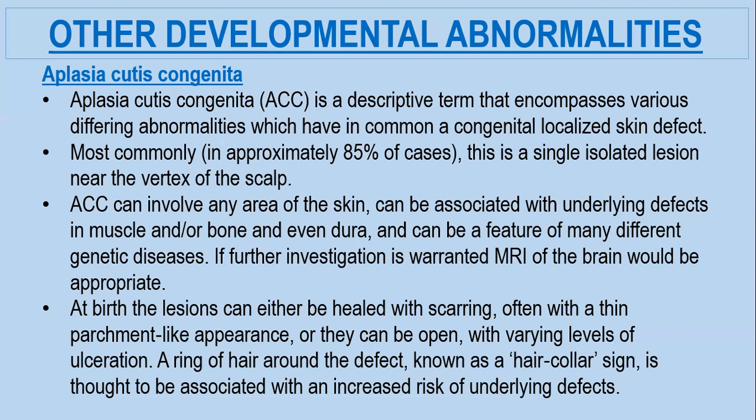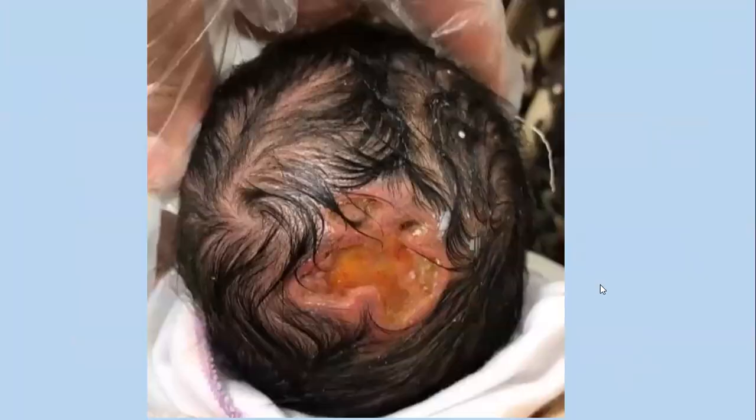At birth, the lesions can either be healed with scarring, often with a thin parchment-like appearance, or they can be open with varying levels of ulceration. A ring of hairs around the defect is called the hair collar sign and is thought to be associated with increased risk of underlying defect.